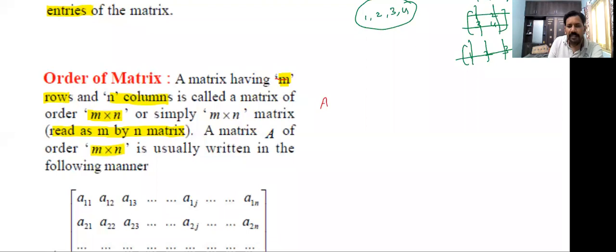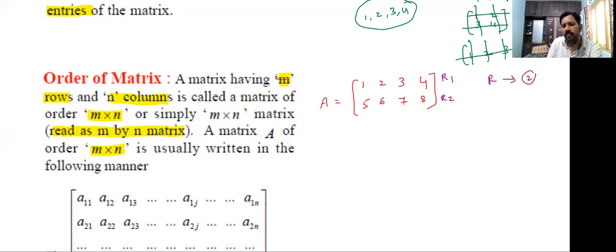See here, let A be the matrix. Here, 1, 2, 3, 4, 5, 6, 7, 8. Students, observe how many rows are there. How to count rows? Top to bottom. This is R1 row. This is R2 row. There are two rows. Number of columns: columns are counted from left to right.